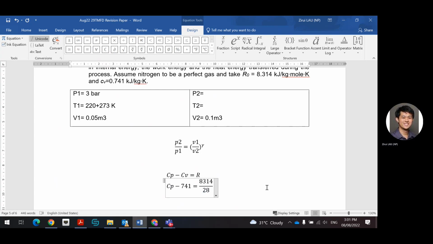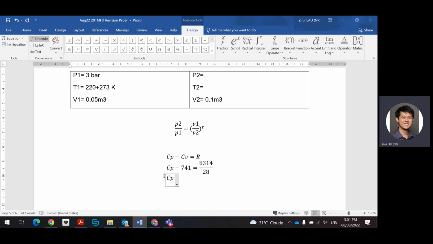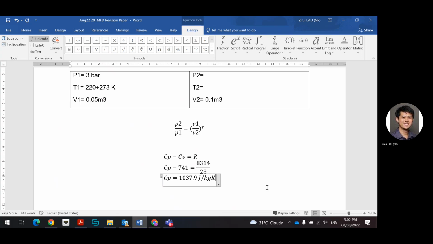So from here, you can get our CP value, 1037.9.